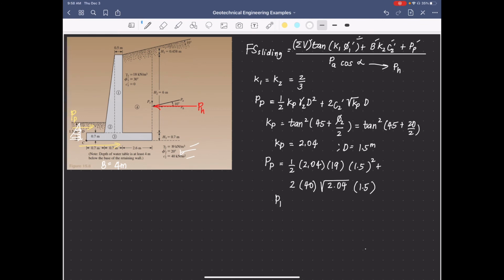From here, P sub B is calculated as 215 kilonewton per meter.